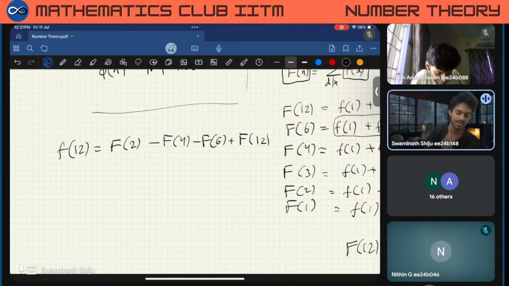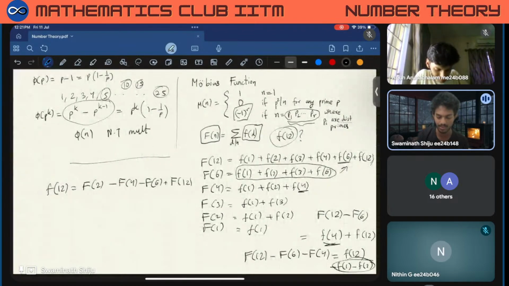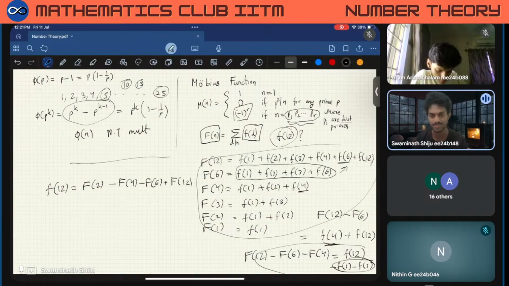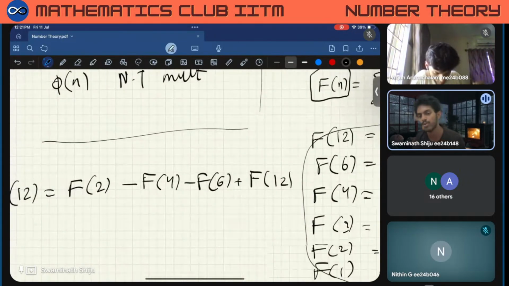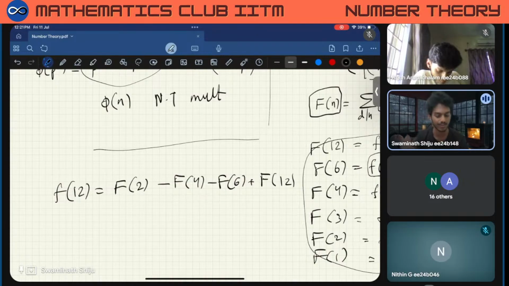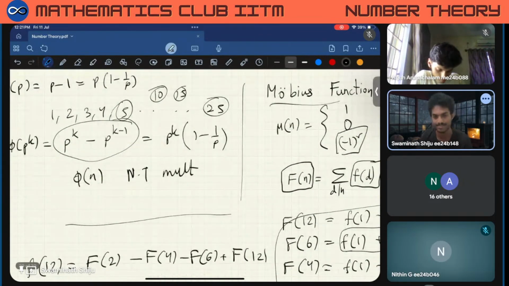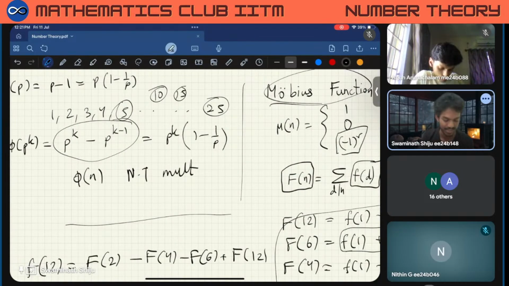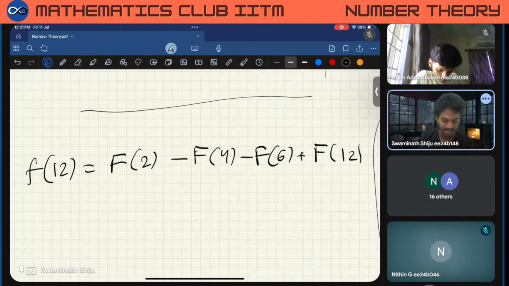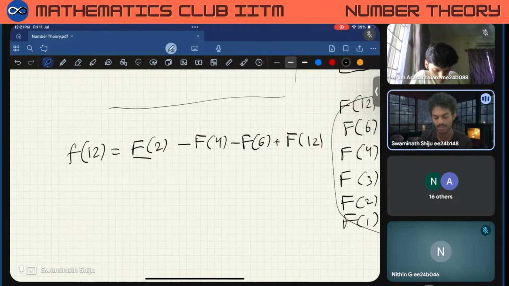But doing this is very irritating. Extremely irritating, because you have to write down so many of them and compute all of them. So I want to think of how I can make this look like a formula. Since we are discussing the Mobius function, obviously that's going to be a part of this. This looks almost like the divisors of 12, but we are missing some.